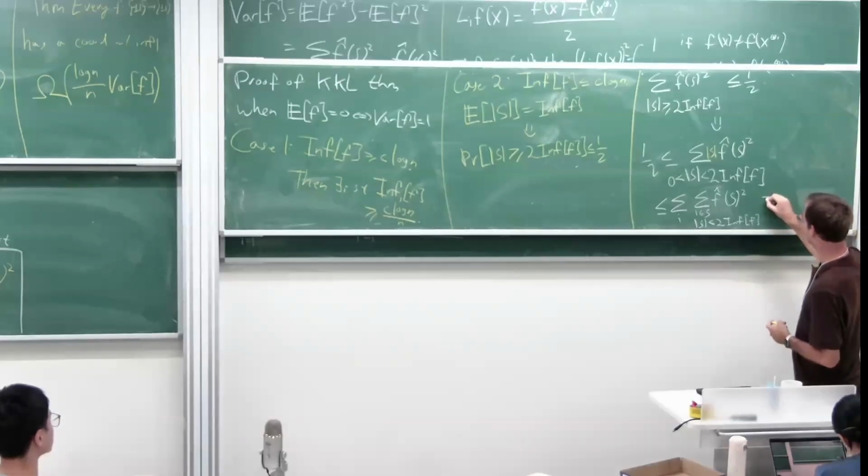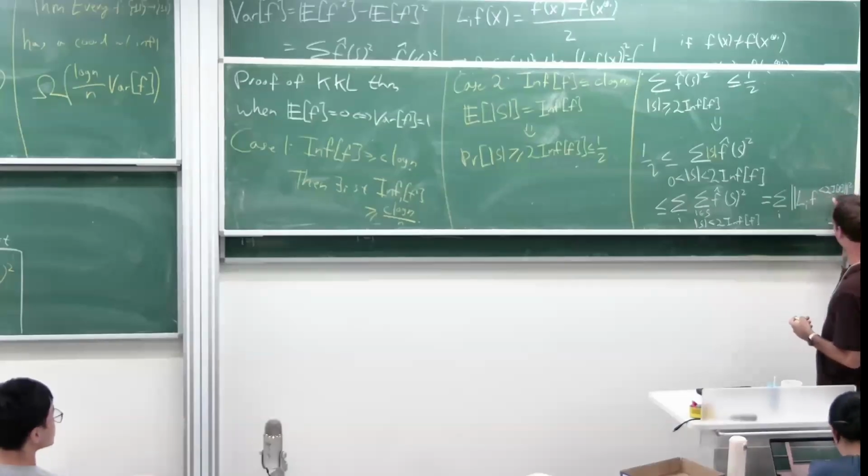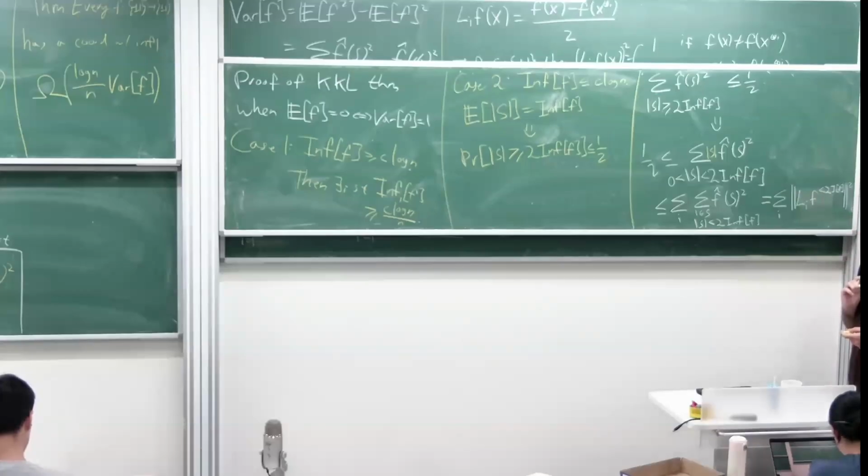Okay, and this is the sum over all i of the low degree part of the influence function of i, squared. I needed to explain this notation for you.